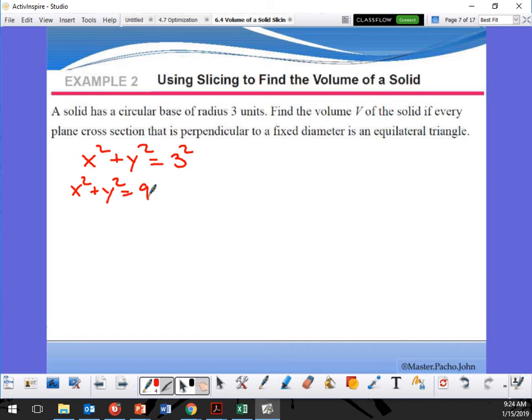And we know, okay, find the volume of a solid if every plane cross-section that is perpendicular to a fixed diameter is an equilateral triangle. Equilateral triangle. Okay, so if it's an equilateral triangle, what do I know?